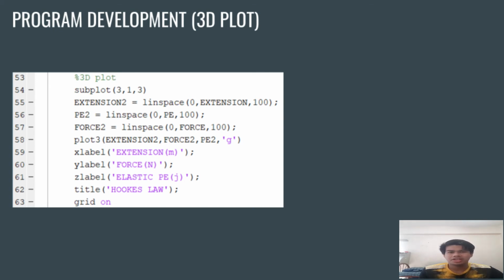The X label is extension with the unit m, the Y label is force with the unit N, and the Z label is elastic potential energy, shortened to elastic PE with the unit J. The title is Hooke's law and the grid is on.